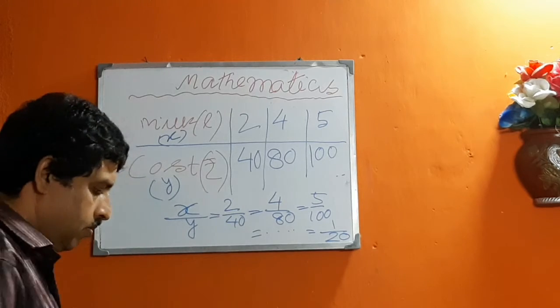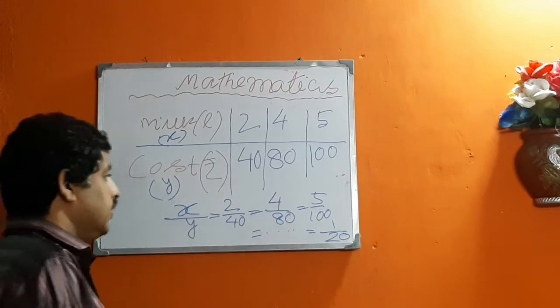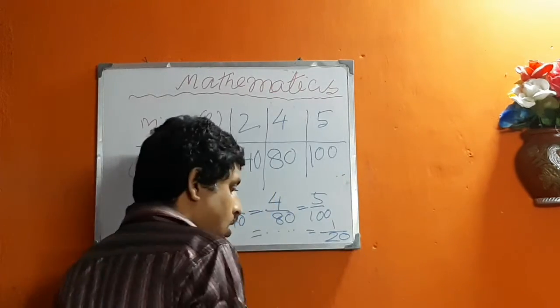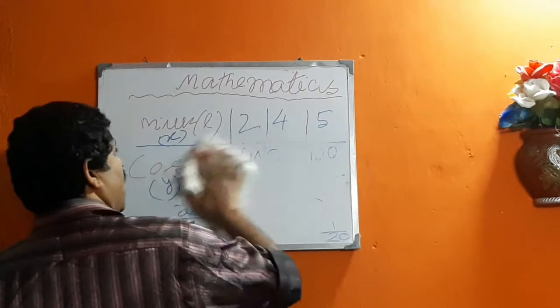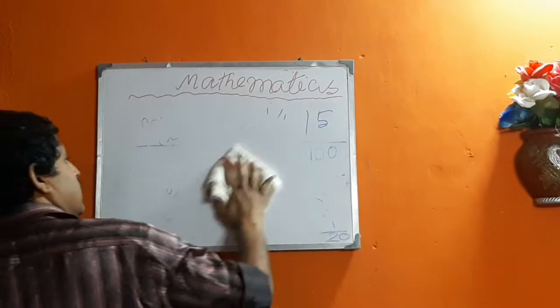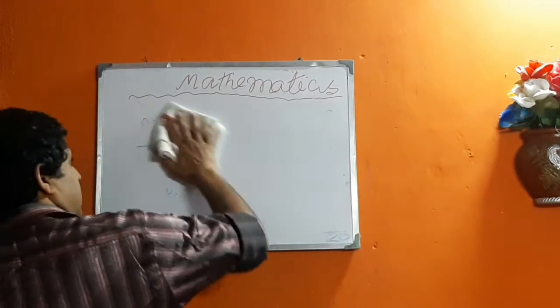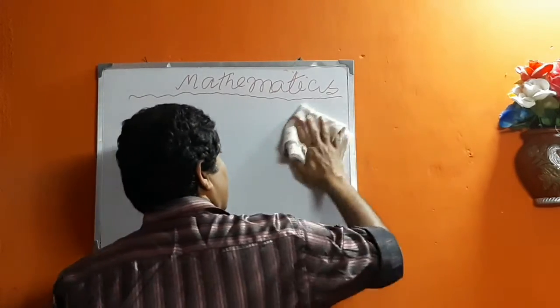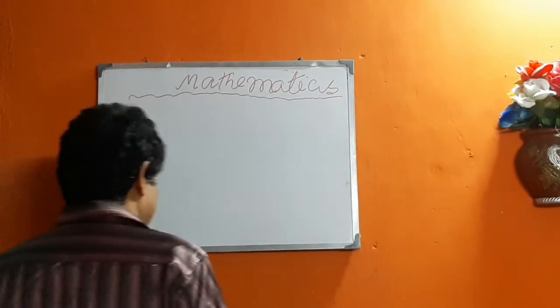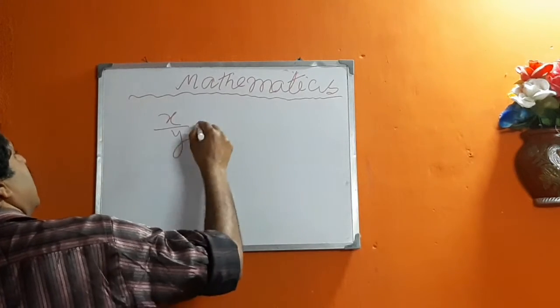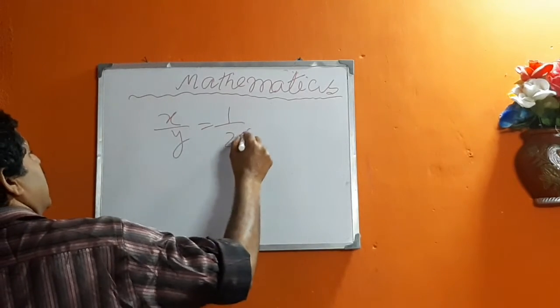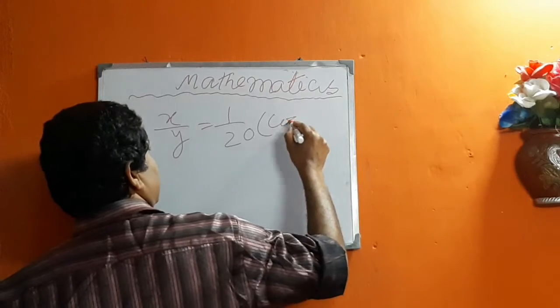In all cases 1 by 20. That is, the value of x by y becomes a constant. x by y equals a constant. x by y, again 1 by 20, that is a constant.